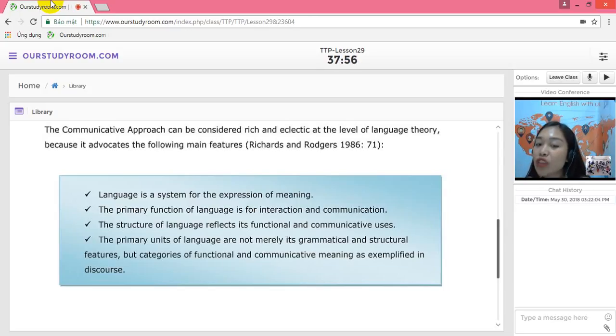Third one, the structure of language reflects its functional and communicative uses. What is this?